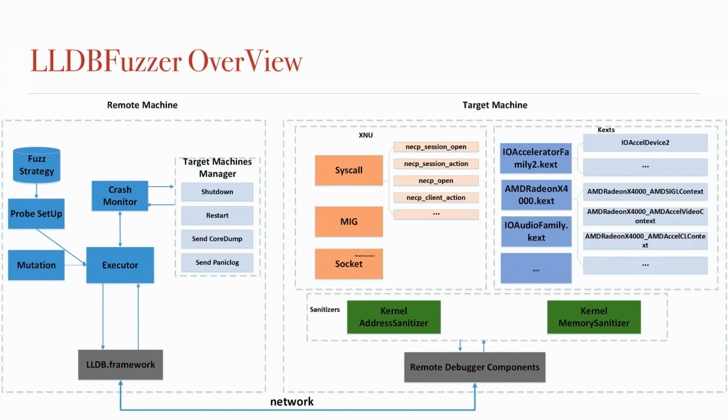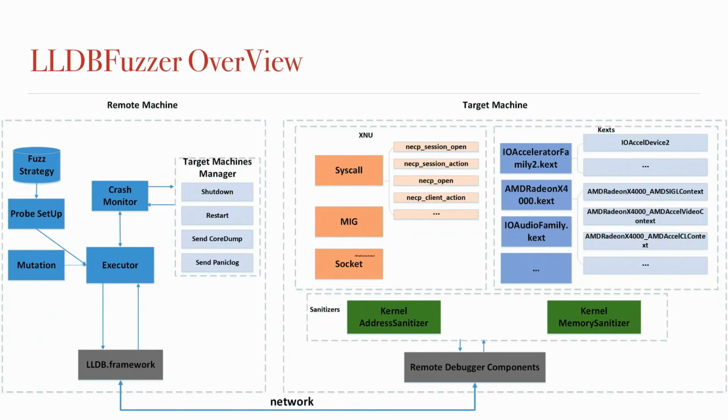We should pay attention that the main fuzz logic in the host machine, including the probe setup, mutation, executor, and crash monitor, are all implemented as a Python script based on the lldb framework. So the script could actually be executed against the target machine from the left part.